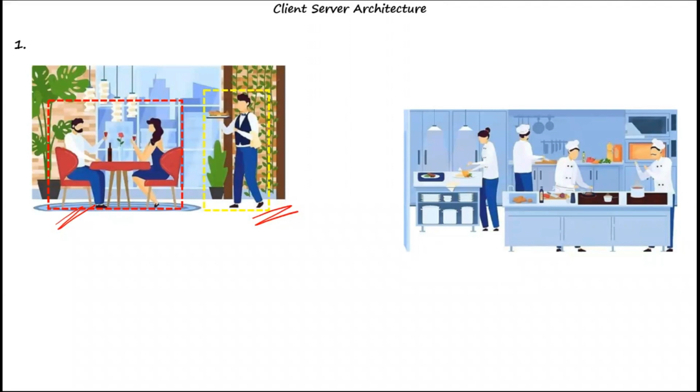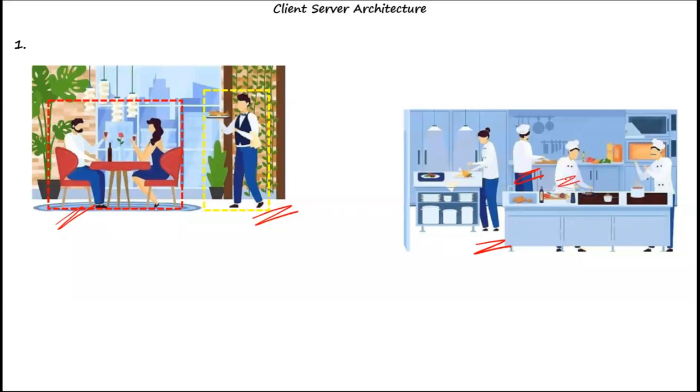So now the waiter goes to the kitchen and reaches out to the specific chefs who specialize in making different cuisines as per the category of items requested. For instance, this particular chef is good at making non-vegetarian cuisine. This particular chef is good at making vegetarian dishes.